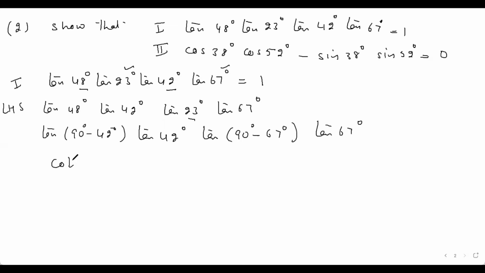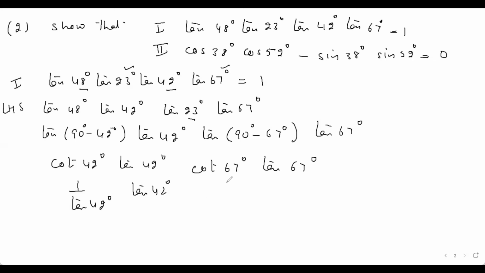So this is cot 42 degree, tan 42 degree, cot 67 degree, tan 67 degree. Cot 42 degree can be written as 1 over tan 42 degree, and cot 67 as 1 over tan 67 degree. So this and this cancel, this and this cancel, so the answer is 1, which is equal to the right hand side. So left hand side is equal to right hand side.